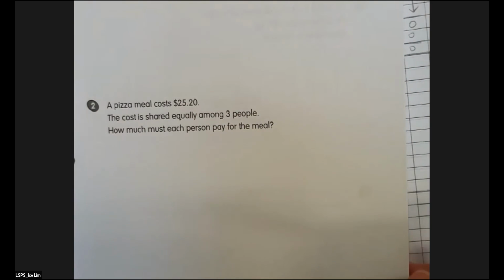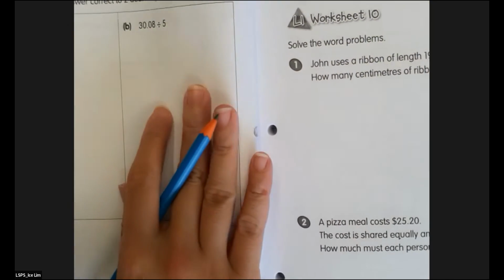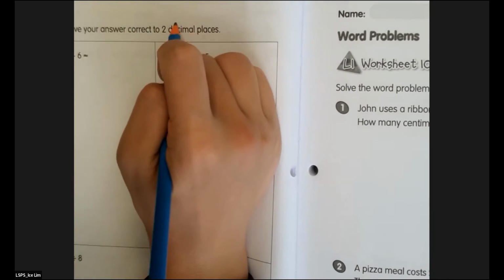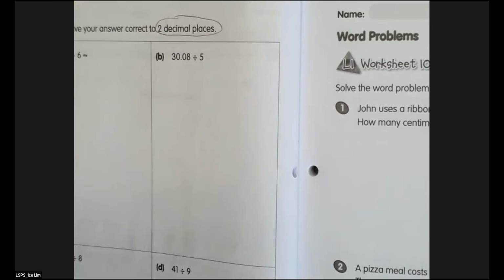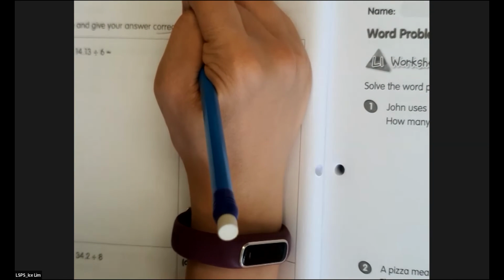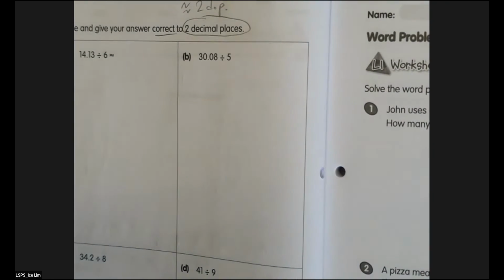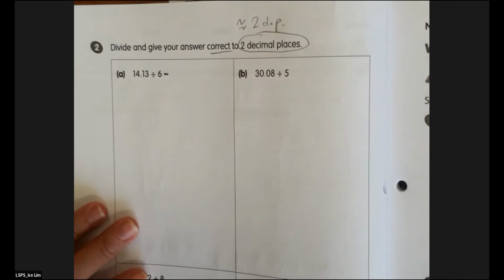Now, it's the same idea, but it's to 2 decimal places. I need to round. So like Joshi said, that means when I do the division, I need to do at least up to 3 decimal places so that it can help me to decide how to round to 2 decimal places.